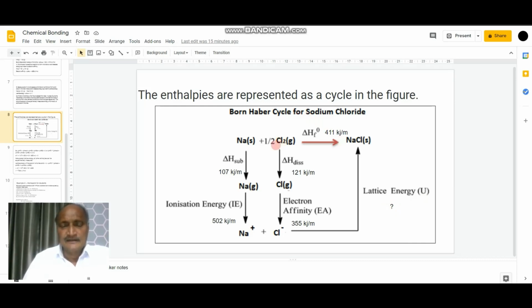So substituting these values in the equation.